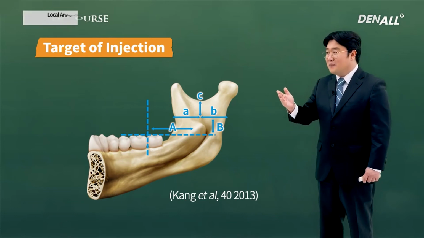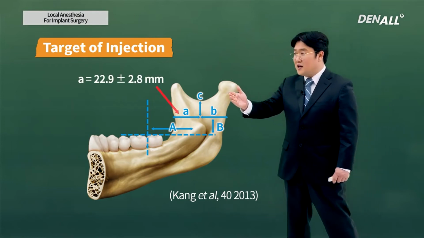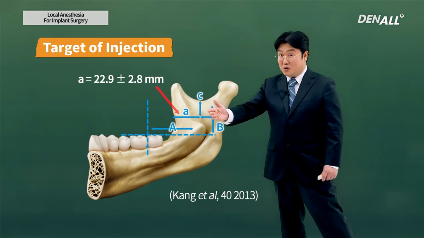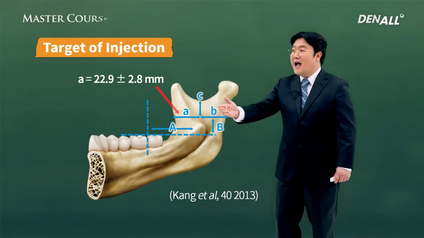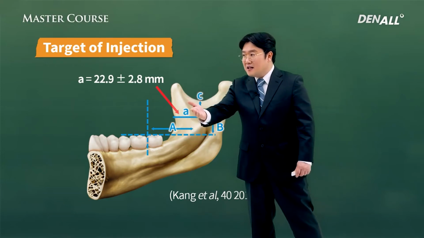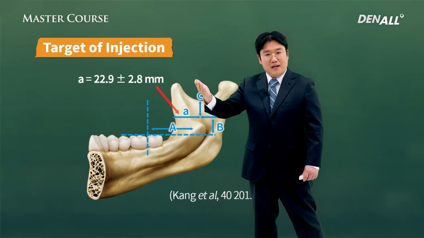According to a study, the depth at the anterior border of the ramus is about 23 millimeters. Once again, the depth at the anterior border of the ramus at the mesial side is about 23 millimeters.